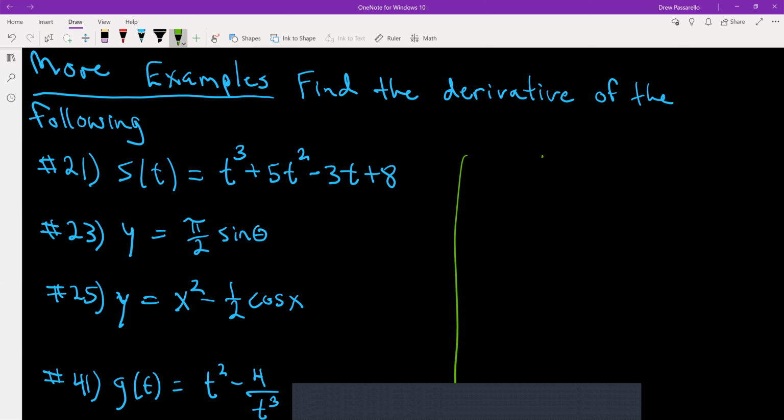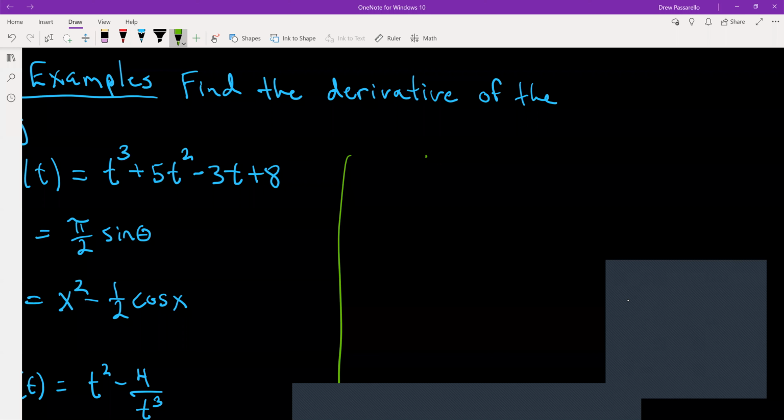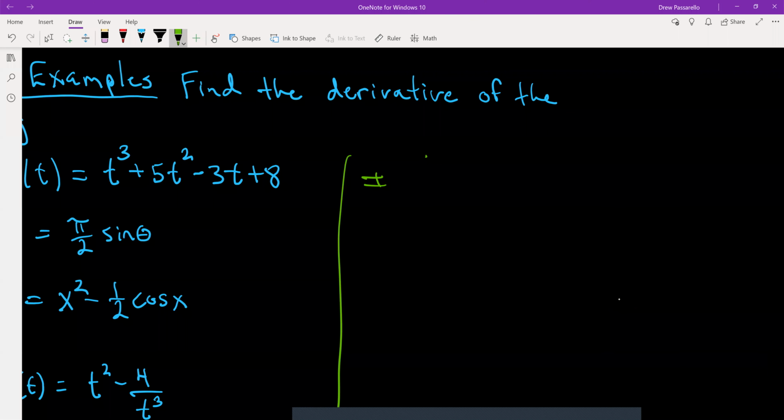And so what I would do, hold on a second. So the derivative s prime of t is going to be the derivative of each component. So I'll do it again step by step at first, and then do the problem over again, but skipping some steps instead of having to write the d dt notation.